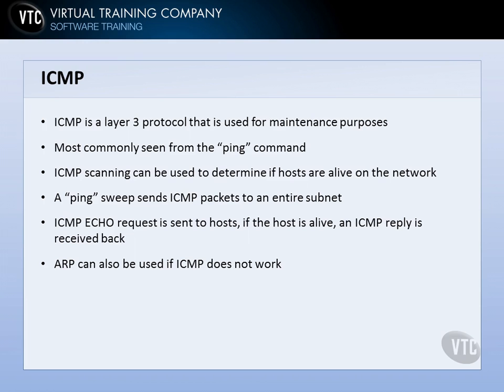So that's called a ping sweep. You would send ICMP echo requests to the host, and if the host is alive, you'll get an ICMP reply back. Now, a lot of network devices block ICMP, so they're basically ineffective in scanning a network. What you might do in that case is use ARP requests to see if a host is alive or not. And in fact, a lot of Nmap scans use ARP by default.